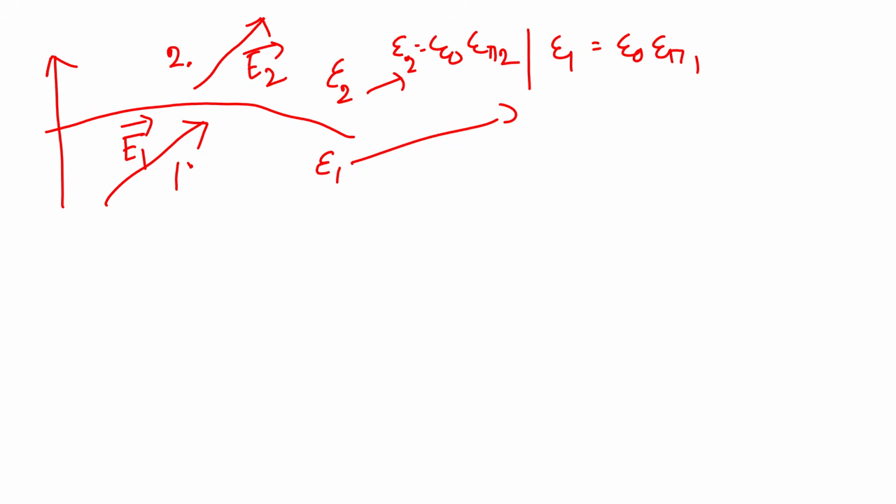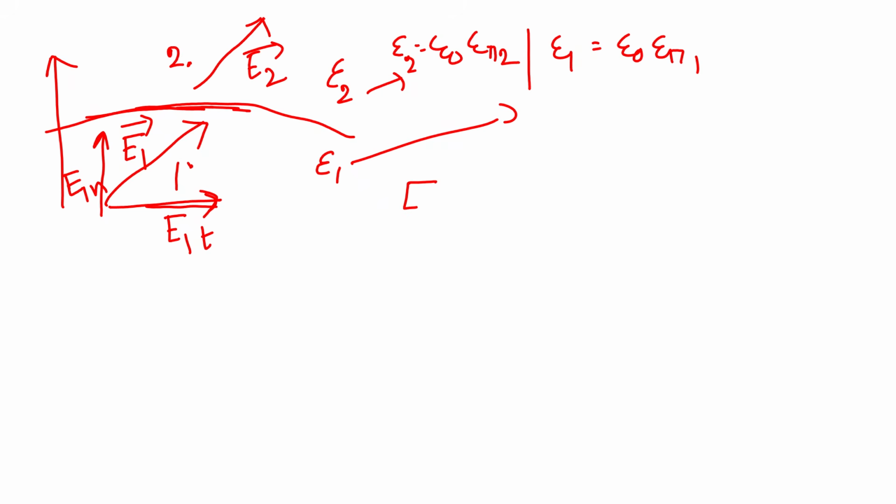Now this E1 can be divided into E1t, and this component will be called E1n. Why am I calling it a tangential component and this one a normal component? Because my surface orientation is kind of horizontal. So E1 can be divided into two components, E1t and E1n.